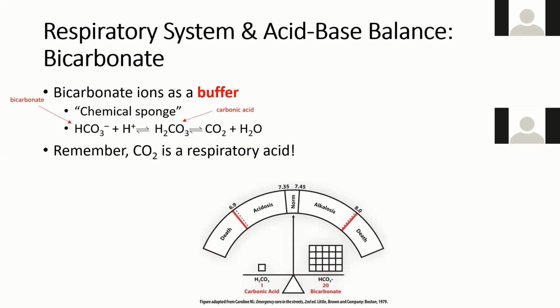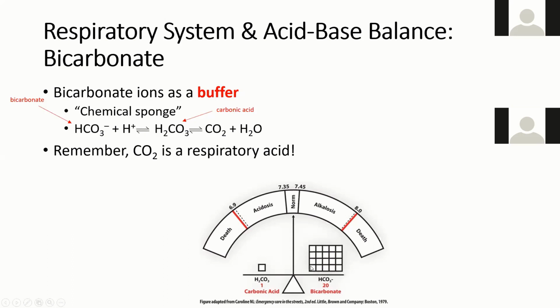And this is related to the respiratory system, because the way that we get carbonic acid, which can dissociate into bicarbonate and hydrogen ions, is from CO2. So we consider CO2 a respiratory acid for this reason, because if we dissociate it all the way, we're going to let go of these hydrogen ions. So normally we have a specific balance between carbonic acid and bicarbonate.